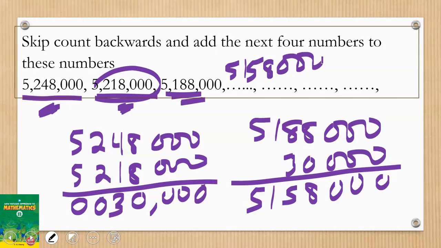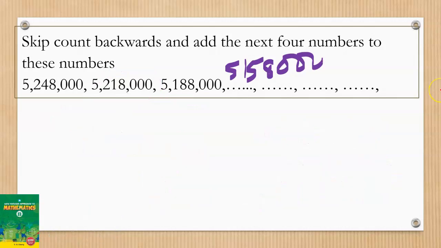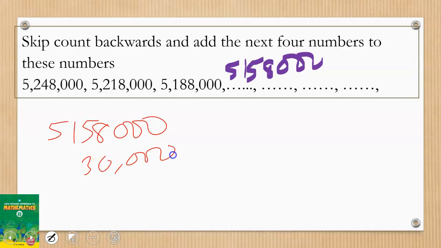If you want to do the next one, again we'll do 30,000 from 5,158,000. So if I have 5,158,000 and I'm going to do 30,000 subtraction, then I have 000 here, then I'll have my 8 here, I have 2 here, 1, and then 5.